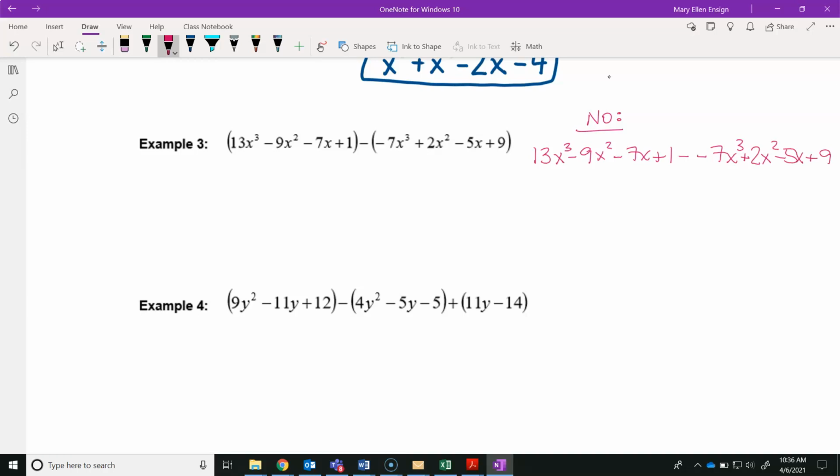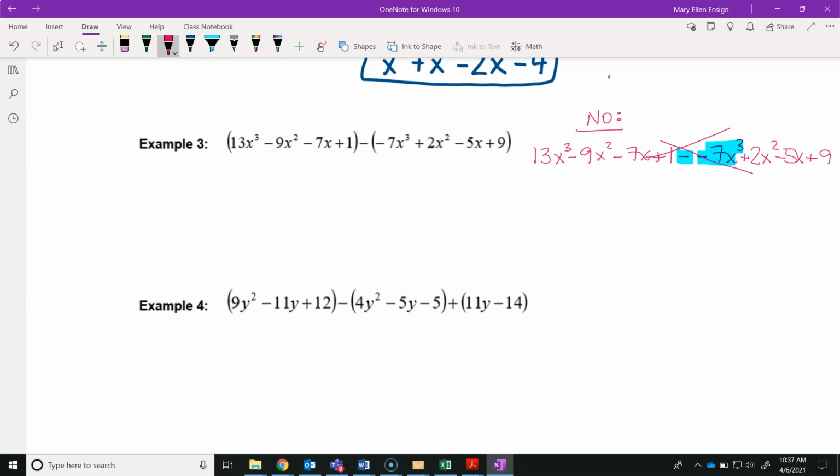Well, in this case, I'm subtracting that negative 7x cubed like I should be, but I also want to subtract 2x squared, and I want to subtract negative 5x. And if I just take away the parentheses, this subtraction is not getting over to these other terms. So I can't do that. I can't just take away the parentheses.